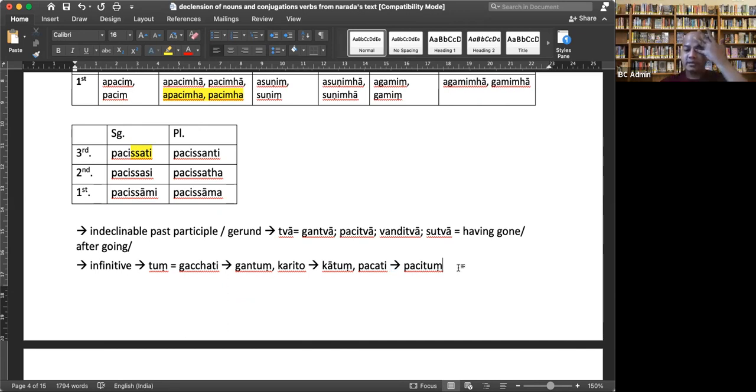To write diacritical marks in MS Word, if you are using a Windows system, you need to go to symbols.